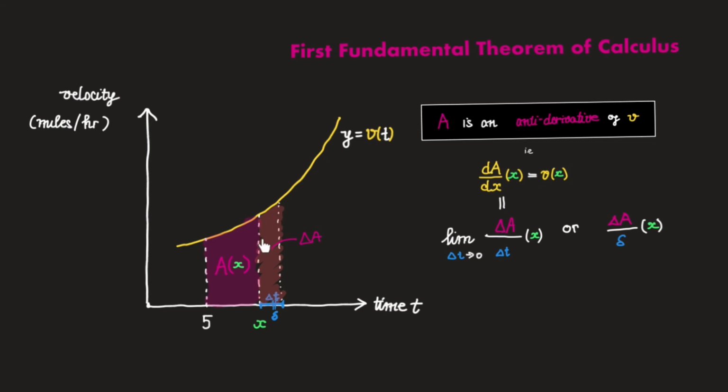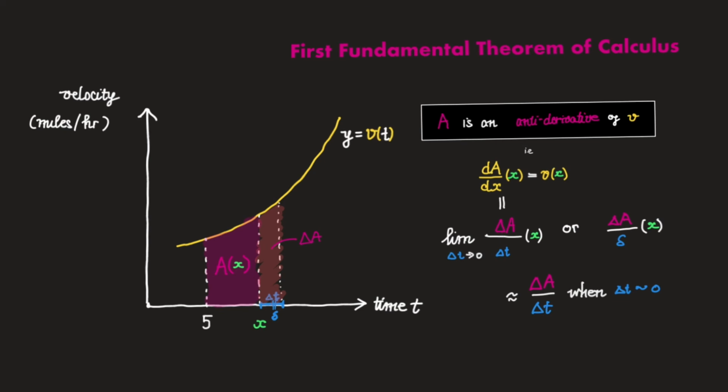Then consider the corresponding change in A and actually just take the quotient of that change in A over the change in t. Literally, just the change in A over the change in t. No need for any limit. Note that the picture here is not to scale in that case because you can't technically see an infinitesimal length. That should be the size of a point.